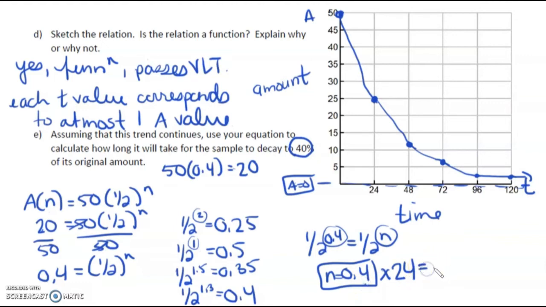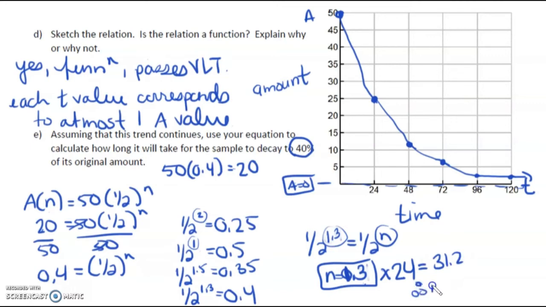Sorry, it's 1.3. So if we multiply 1.3 by 24, we get 31.2.